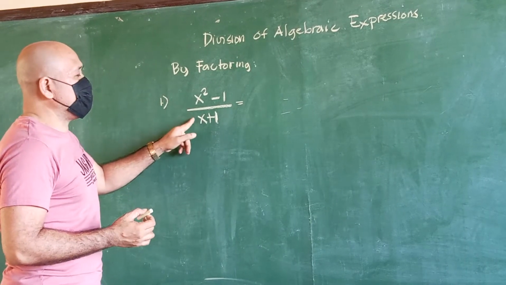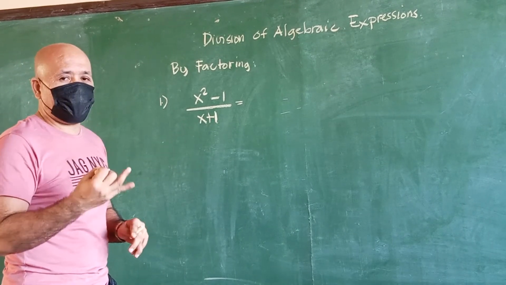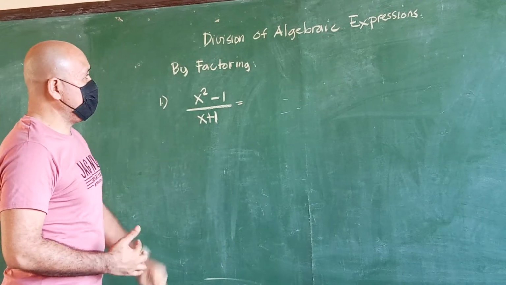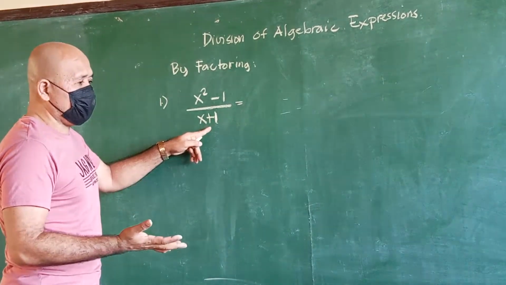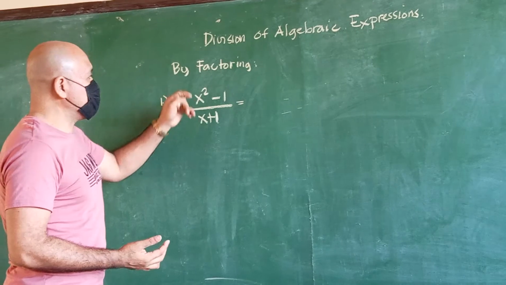These are the three possible ways to divide algebraic expressions when the divisor has more than one term, using the factoring method.